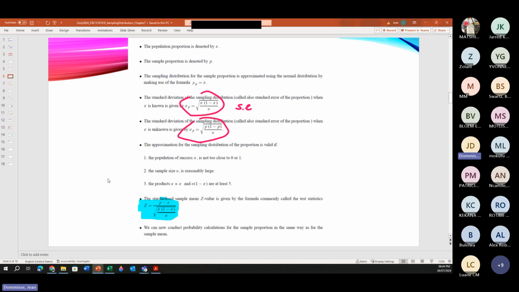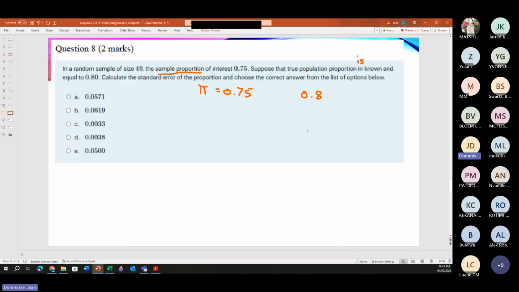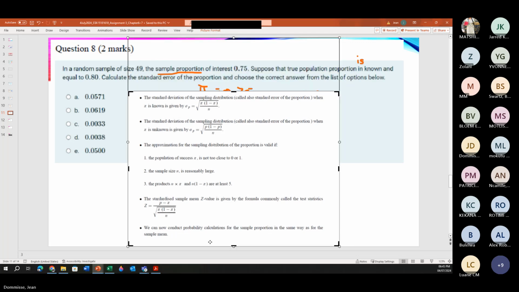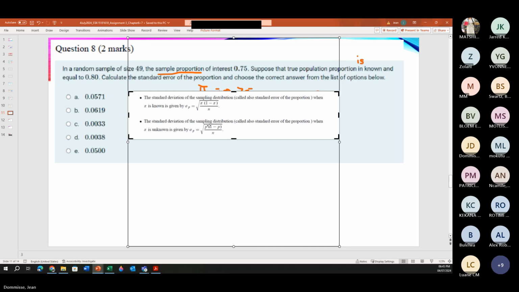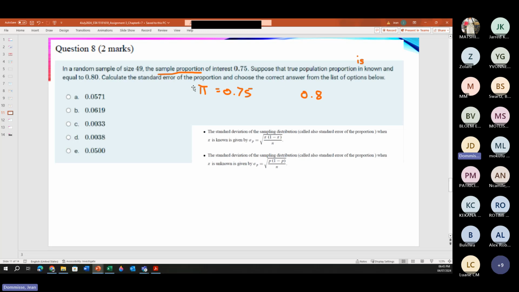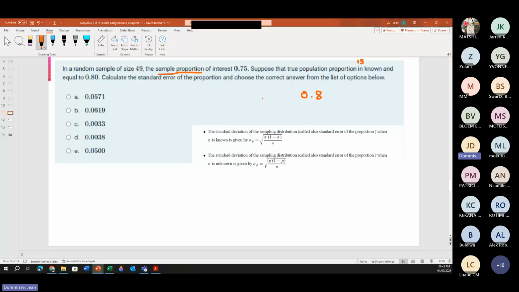Let's just quickly copy this over so that we can get those two and quickly relook at this. The sample proportion is supposed to be the P. And this one will be, as they say, where it is known.